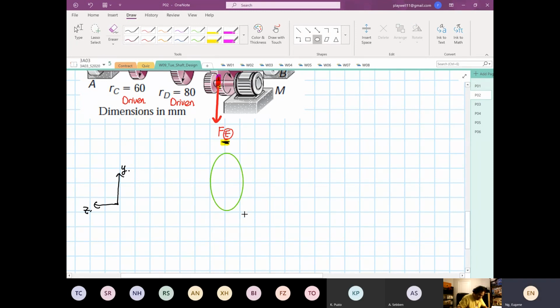So this is my gear E, and that is the gear of my motor. And these are the axes.